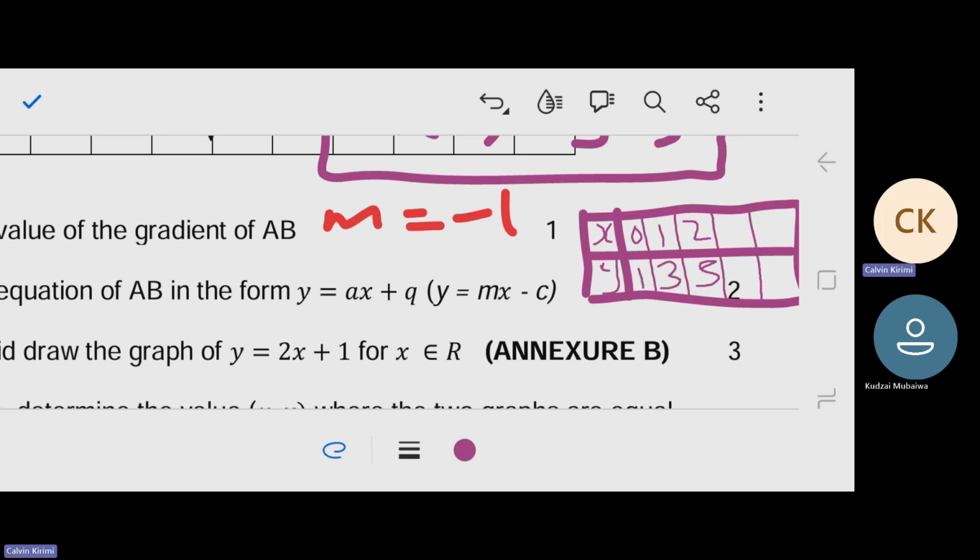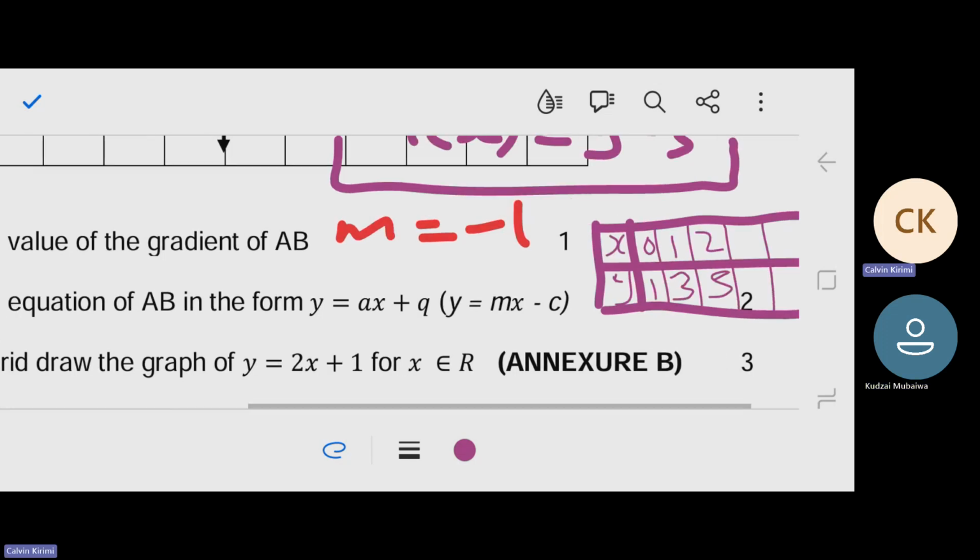When x is 3, what is the value of y? 3 times 2, 6, plus 1, 7. Then when x is 4, what is the value of y? 9. That's good. Now you get the logic.